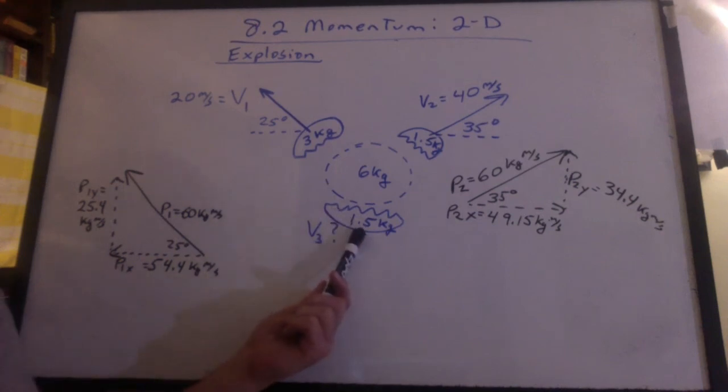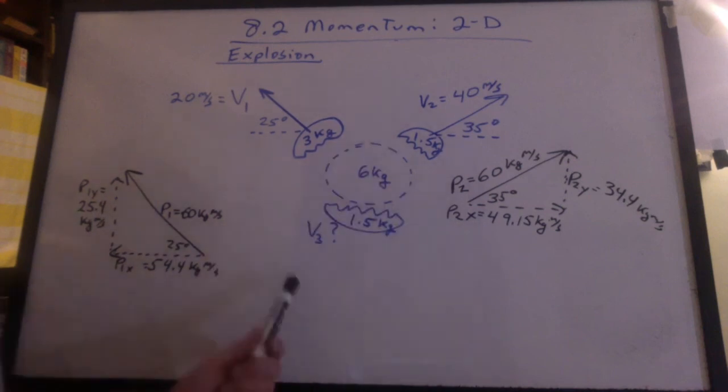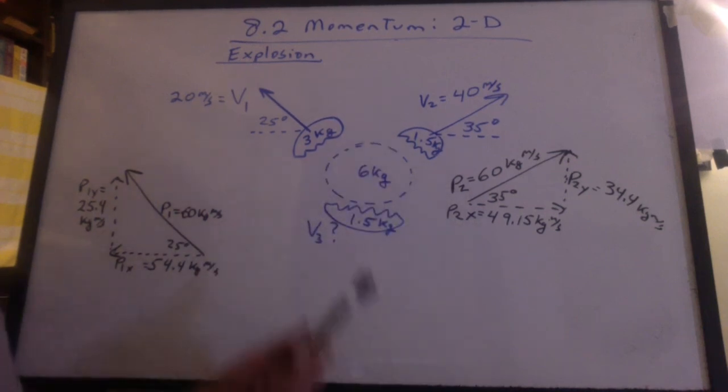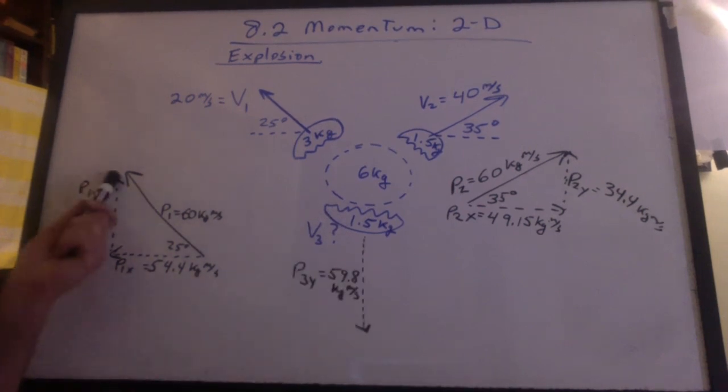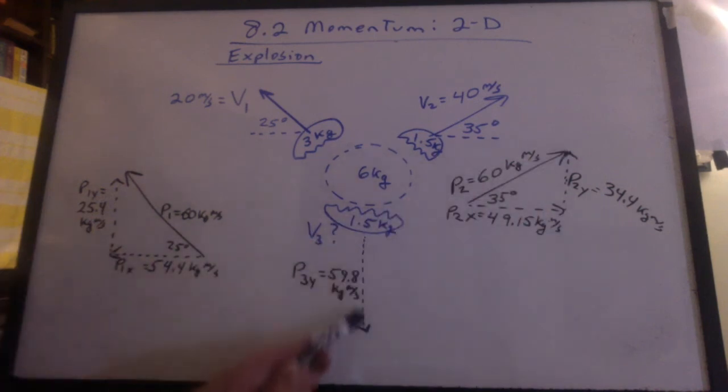This one has to cancel these vectors because they all have to add up to 0. The momentum before this explosion was 0, and the momentum after has to be 0. So look at this y component, that y component. This one needs a y component that'll stop those. That'll be 59.8 kilogram meters per second.